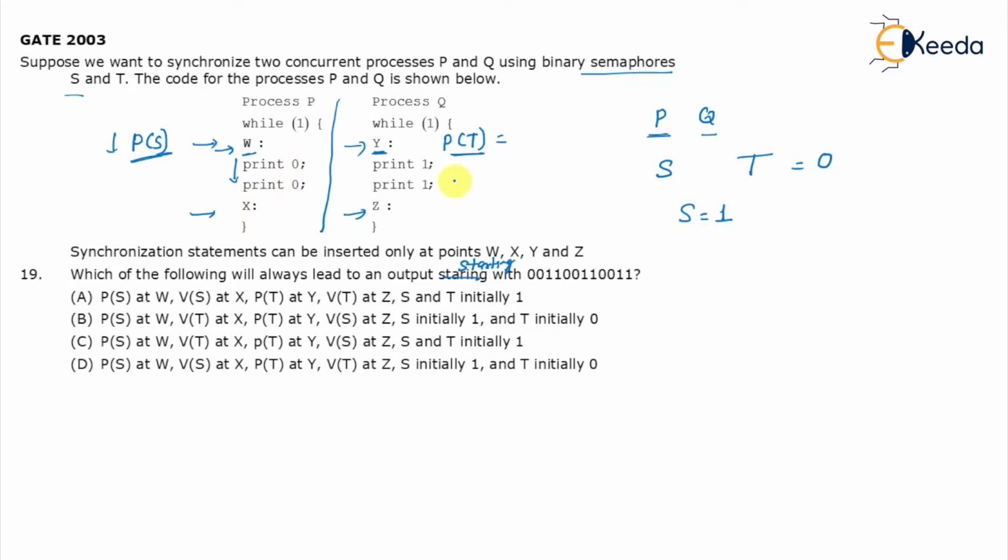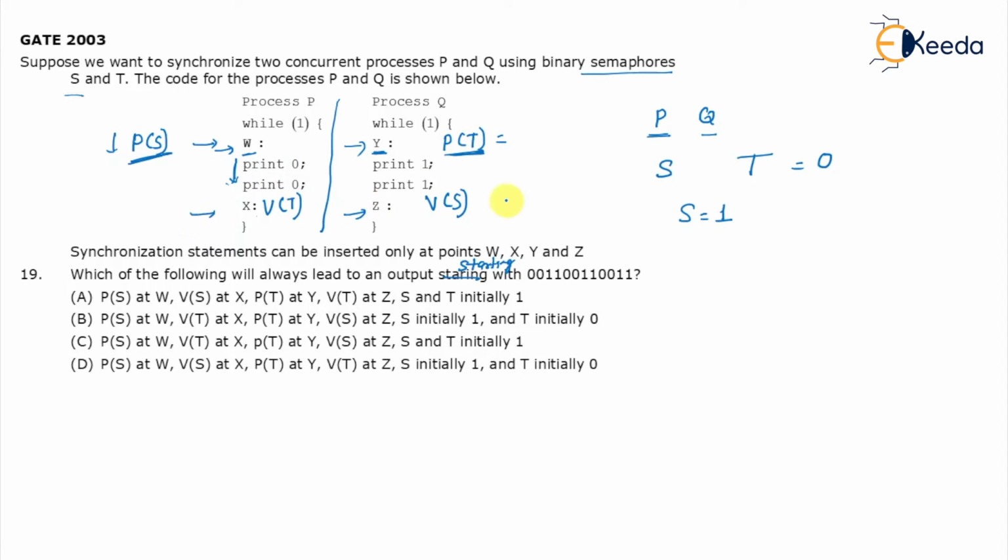But the moment 00 is printed, I'll come here and say VT, and that will allow this one to go. After VT it may execute PS again, but it will get stuck over here. So at Z I will write VS. After that, if it executes PT, it will not be able to perform it.